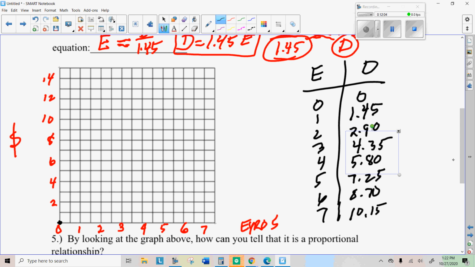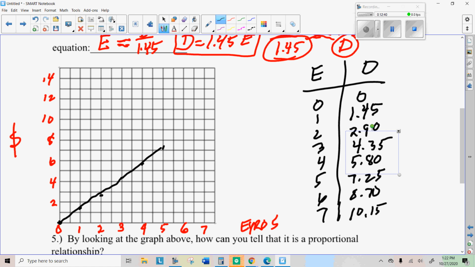All right, and then if I graph those, I have to estimate, but 1.45 is somewhere around here, and then 2.90 is about there, and 4.35 is about right there. 5.80 is almost 6, and so on. And you can continue this. But you should get dots that line up pretty straight.